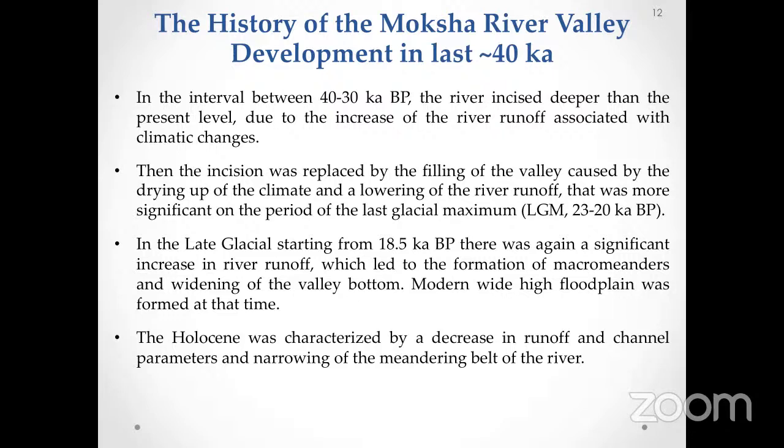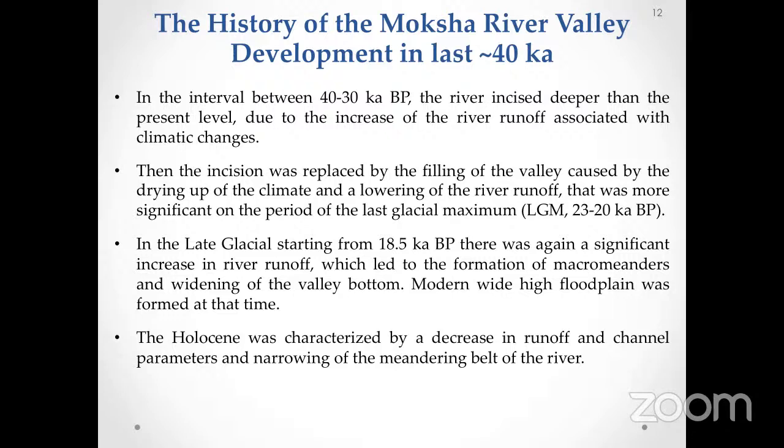In the interval between 40 and 30,000 years BP, the Moksha River incised deeper than the present level due to the increase of river runoff associated with climatic changes. Then this incision was replaced by the filling of the valley caused by the drying up of the climate and lowering of the river runoff.